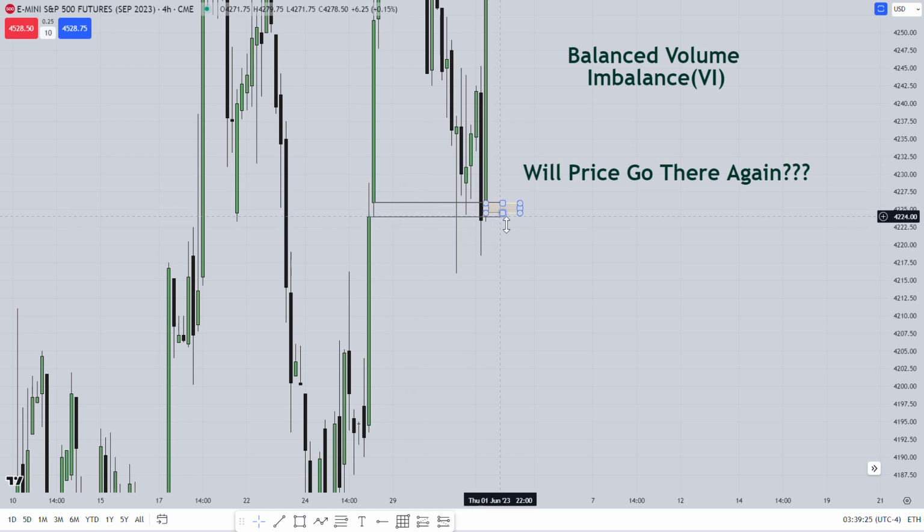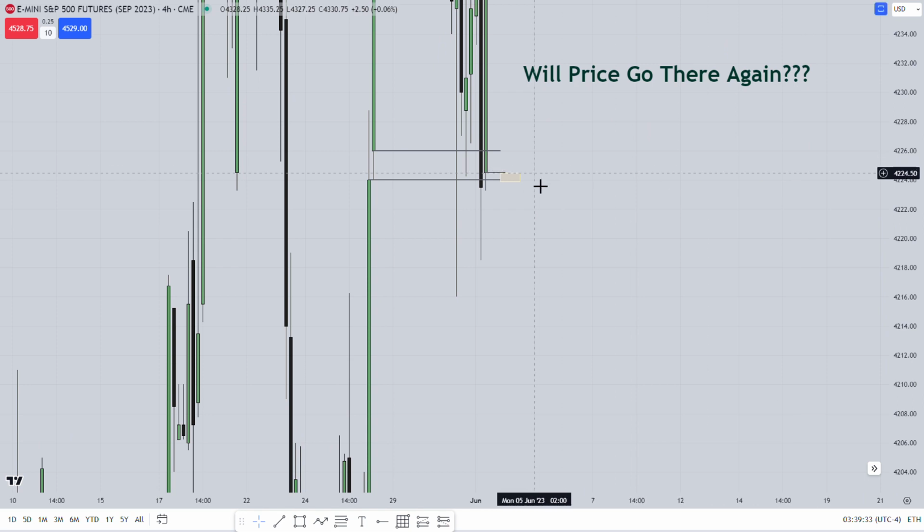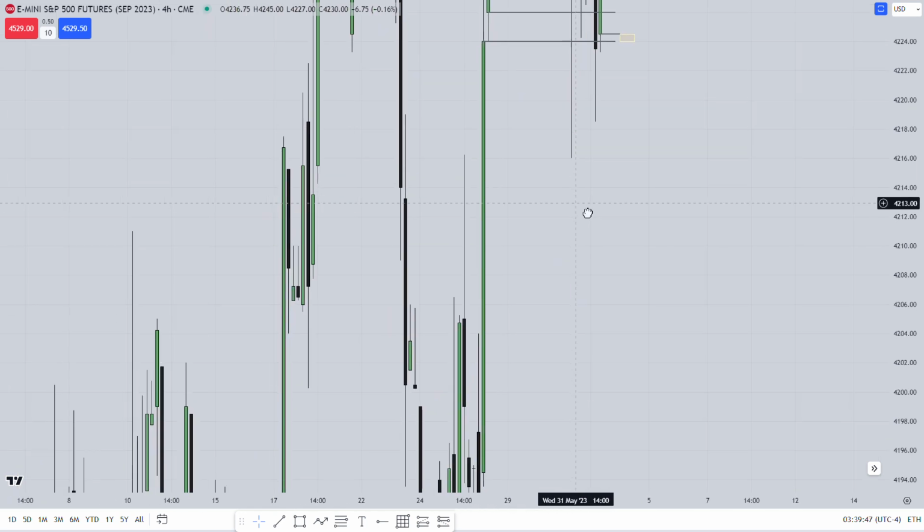But there is a little portion. So if I mark this portion, actually, let me mark. This little portion is not balanced yet. We need a bull candle that will close this small portion of the gap. Then this whole volume imbalance will be balanced.